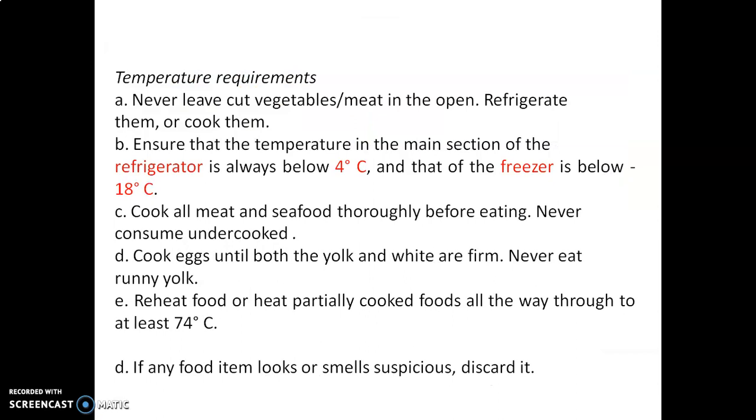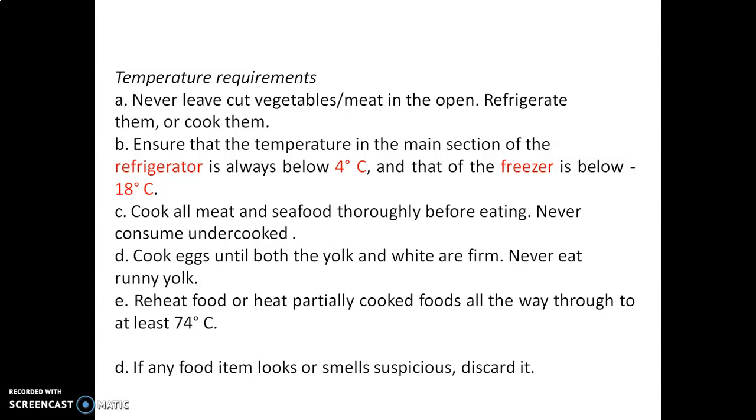Now let us see about the temperature requirement. Never leave cut vegetables or meat in the open. Refrigerate them or cook them. Ensure that the temperature in the main section of the refrigerator is always below 4 degrees centigrade and that of the freezer below minus 18 degrees centigrade. Cook all meat and seafood thoroughly before eating. Never consume undercooked food.